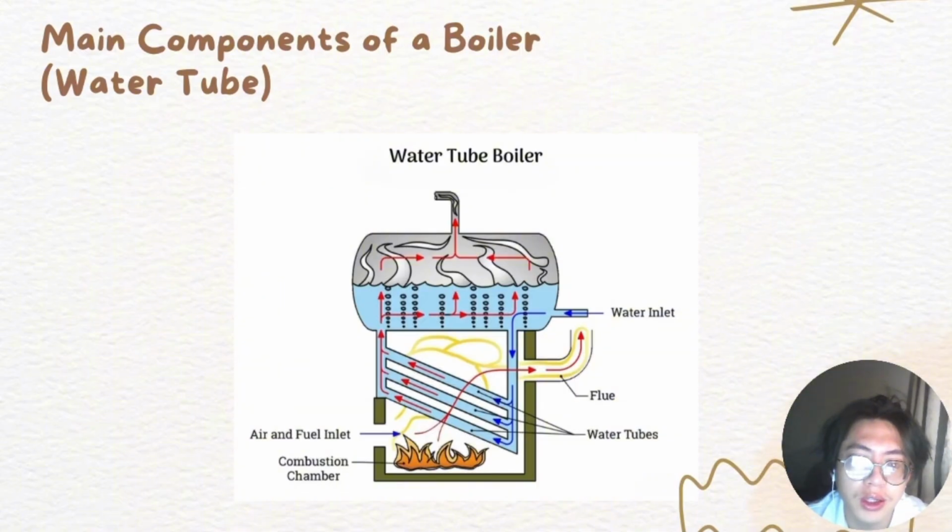It will be heated by the fire, by combustion in the combustion chamber, and then eventually the liquid will reach a certain temperature and heat up, and it will create hot water or steam, and the steam will escape through the outlet at the middle part of the top side of the boiler.